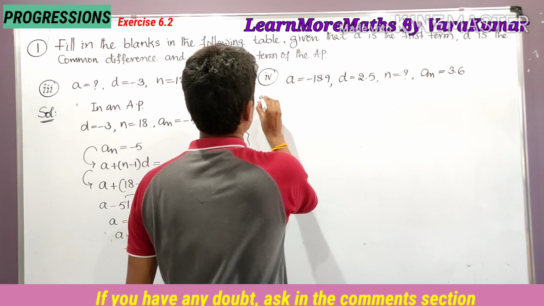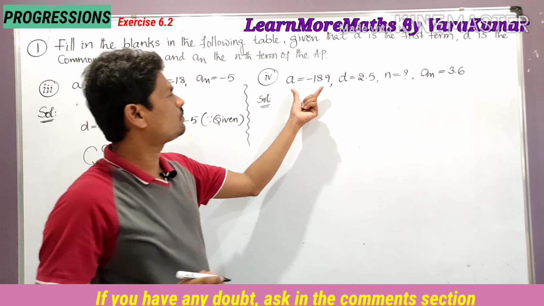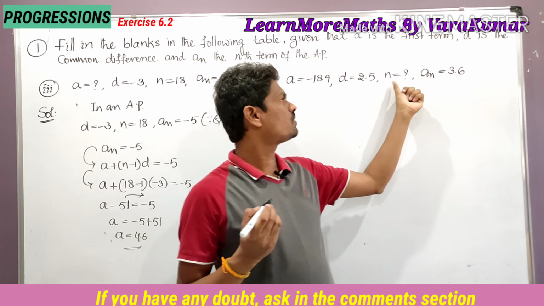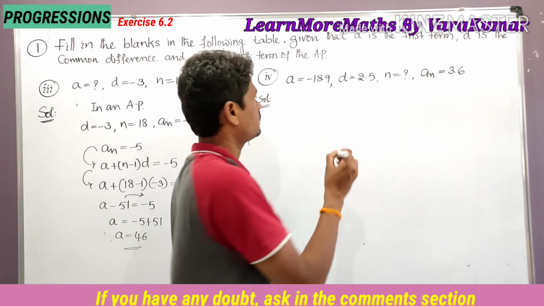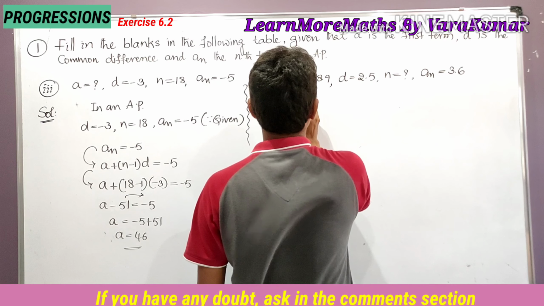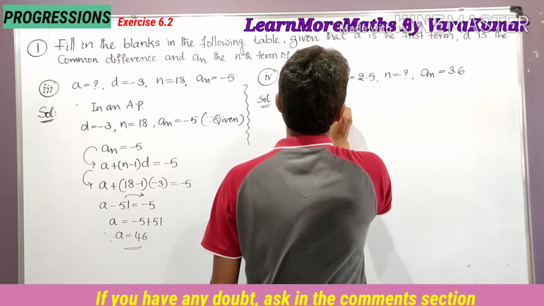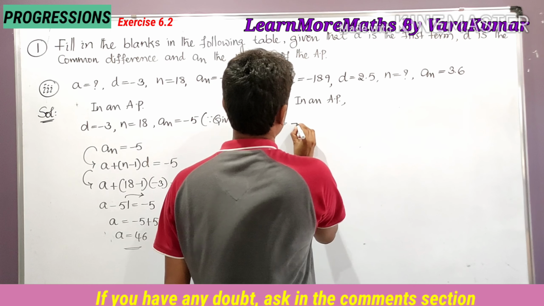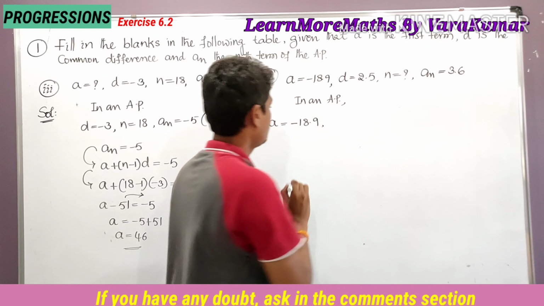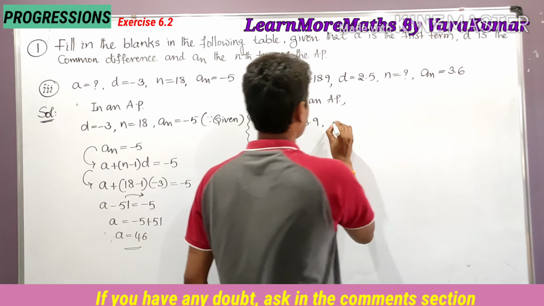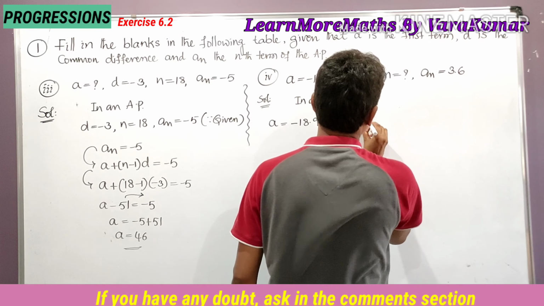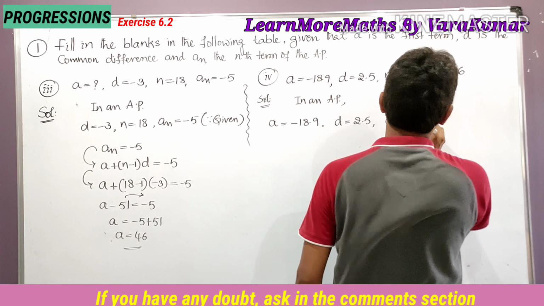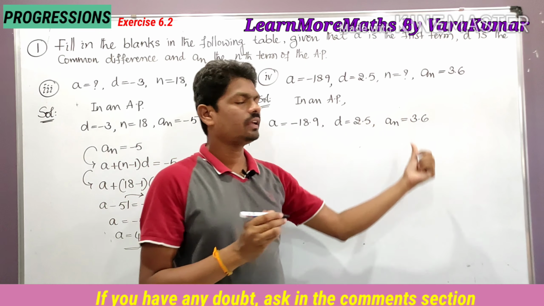So in the fourth bit what he has given, see here: a is equal to minus 18.9, d is equal to 2.5, n is equal to how much, an equal to 3.6 he has given. So he is asking us to find the n value, student. Again in an AP, in an arithmetic progression, he has given a is equal to minus 18.9, d is equal to 2.5, and an is equal to 3.6. a, d and an are given.